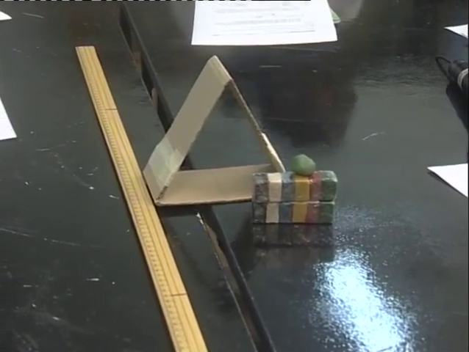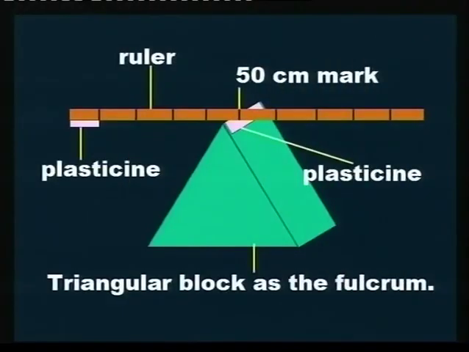Our diagram shows us how we should set up our seesaw balance. I'd like us to have a look at this diagram, follow it and set up our seesaw balance. If I can have the class start now.